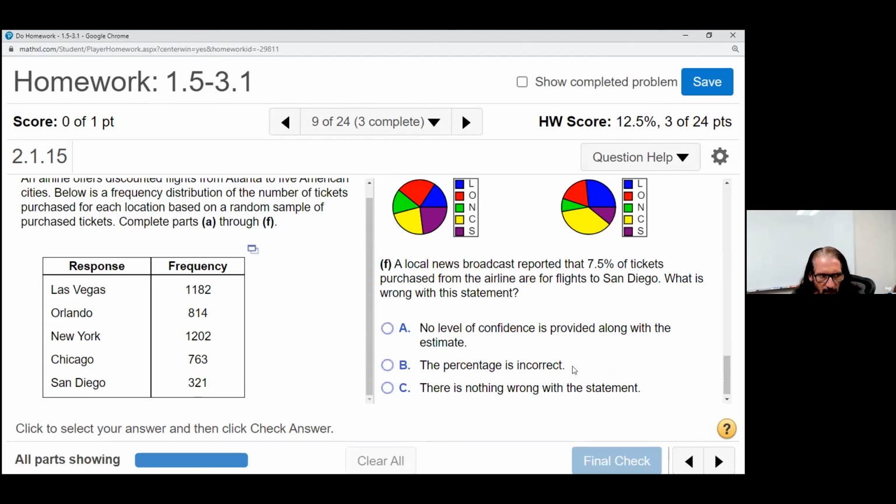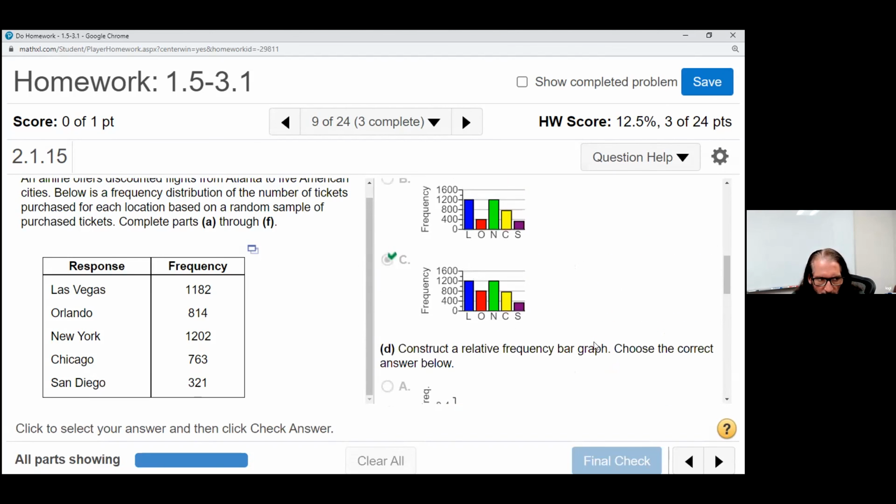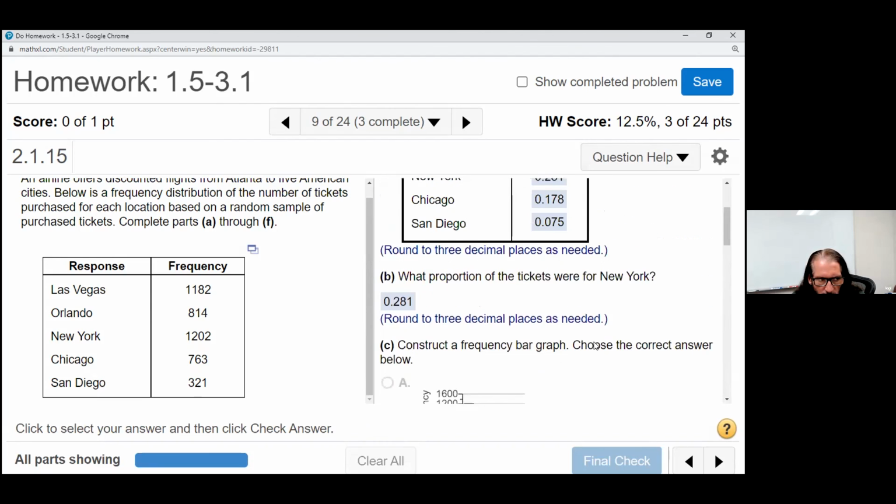And finally, a local news broadcast reported that 7.5% of the tickets from the airline are for flights to San Diego. What's wrong with this statement? San Diego, well, if we move that decimal place 2 to the right, we would get 7.5%.